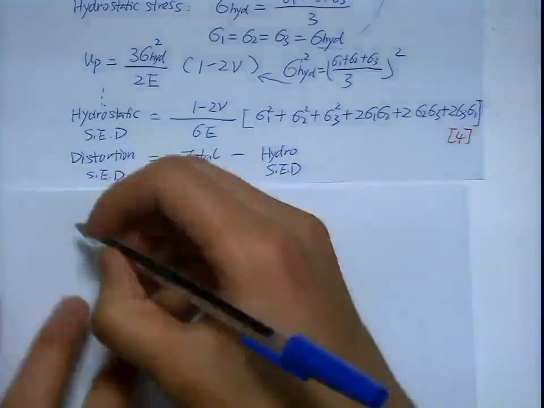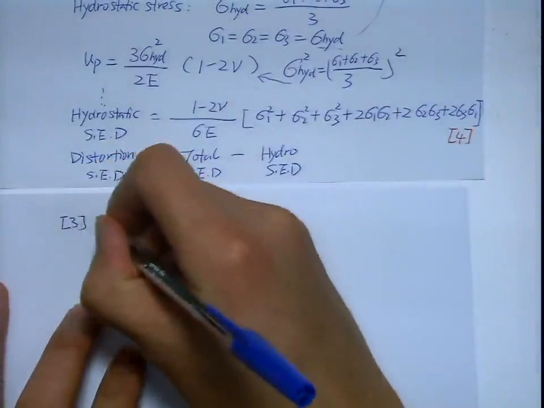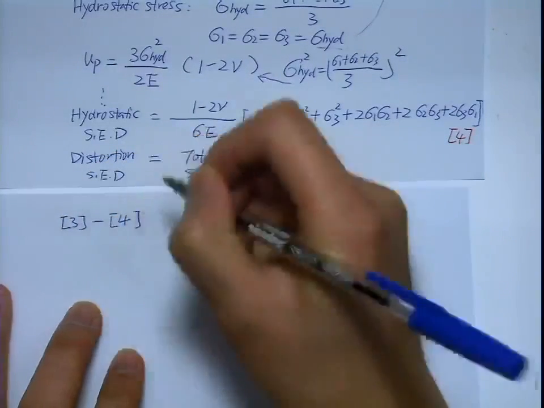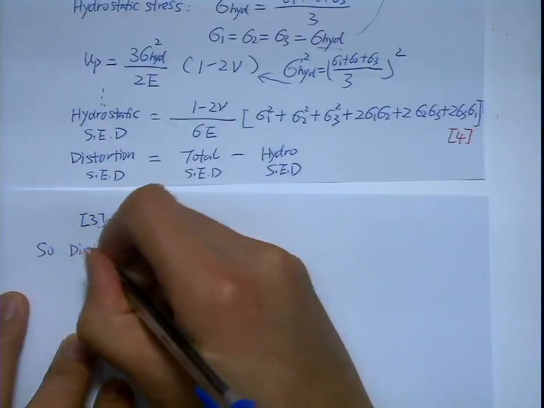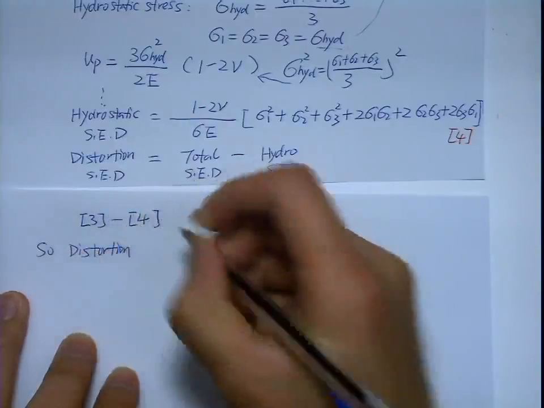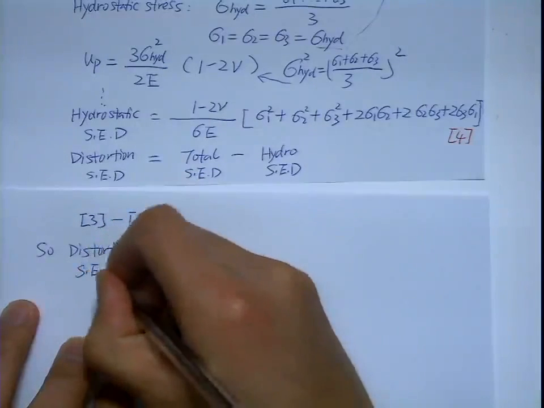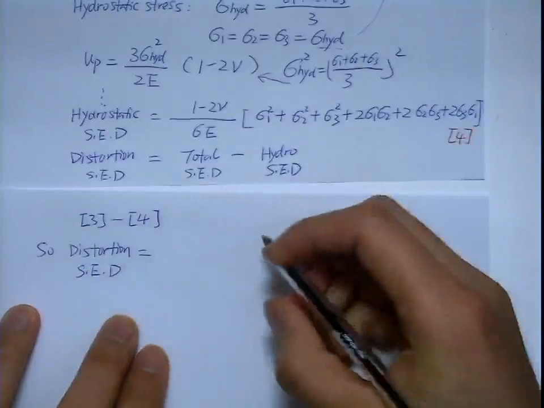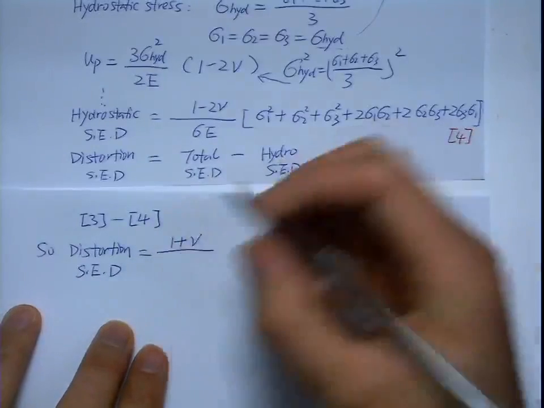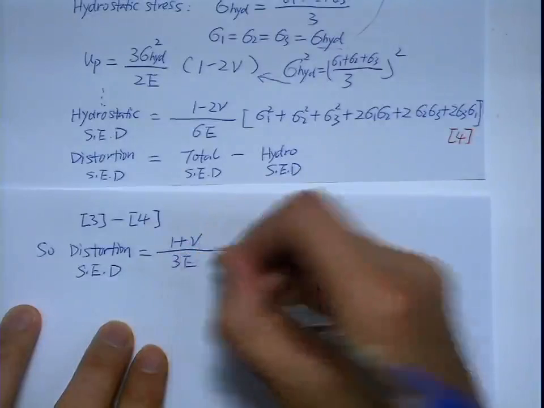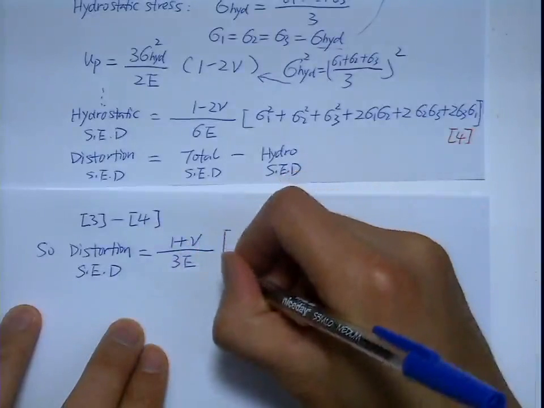So once you have this equation 3 minus equation 4, the final distortion strain energy density is simplified to this one. I hope you can do that yourself and you can verify whether your calculation is right.